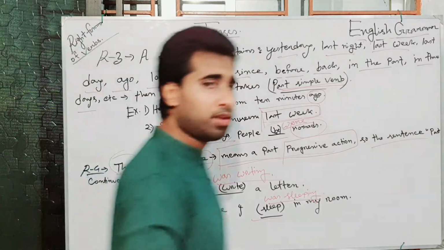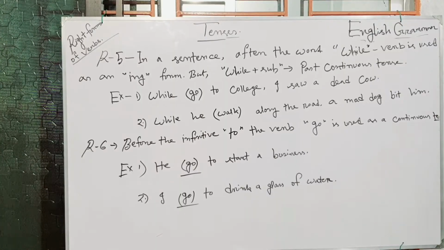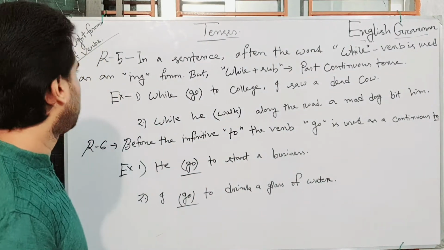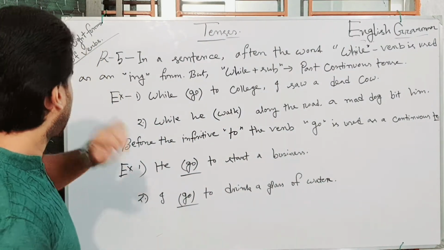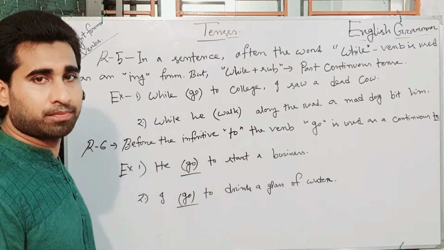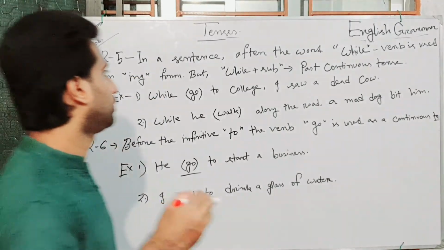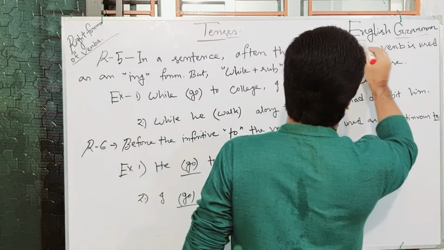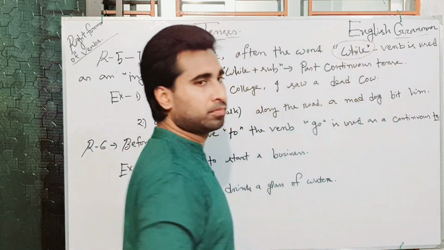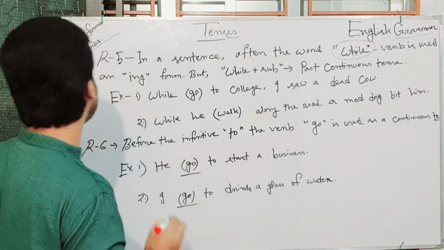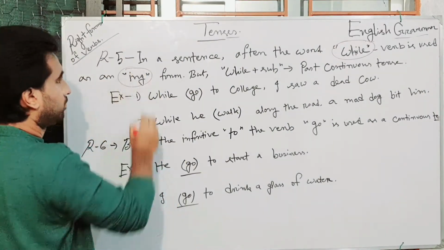Now the time to explain the fifth rule. Rule number 5. Look at this. In a sentence, after the word "while," the verb is used in the ing form.